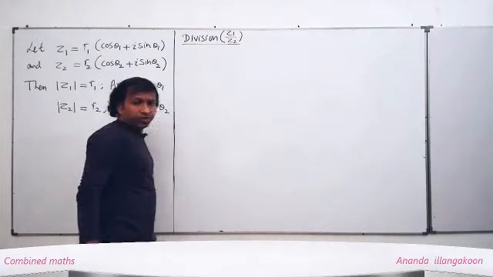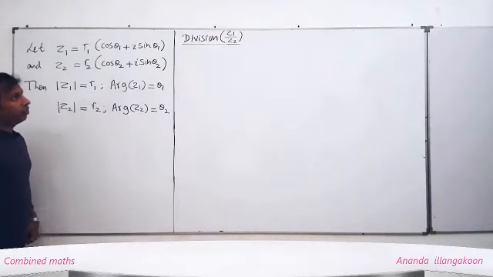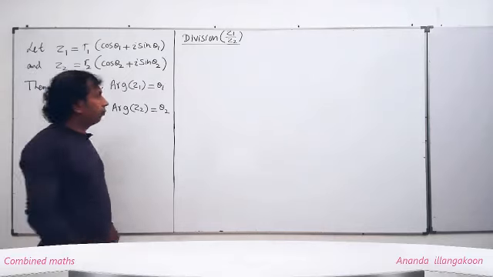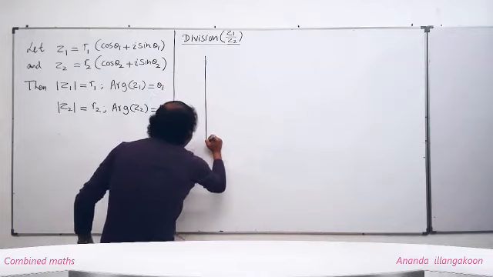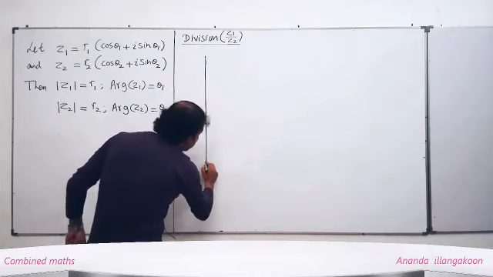Let's see how to find the point which represents the division Z1 by Z2. Now this is the imaginary axis, this is the real axis.